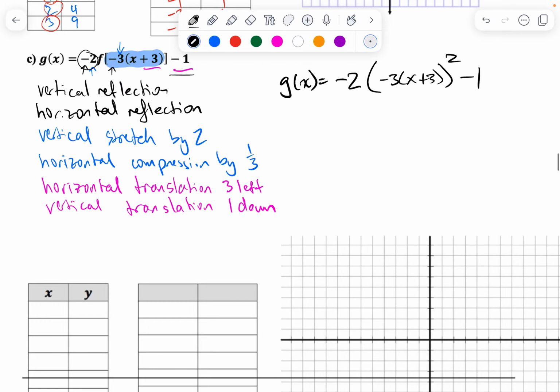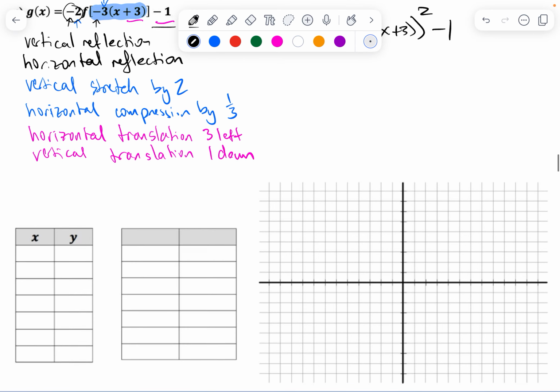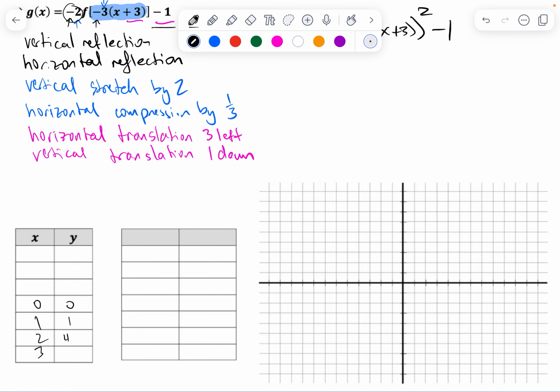And now let's make our mapping statement. Actually, let's plot the original function first. So remember (0, 0), (1, 1), (2, 4), (3, 9), (-1, 1), (-2, 4), (-3, 9).